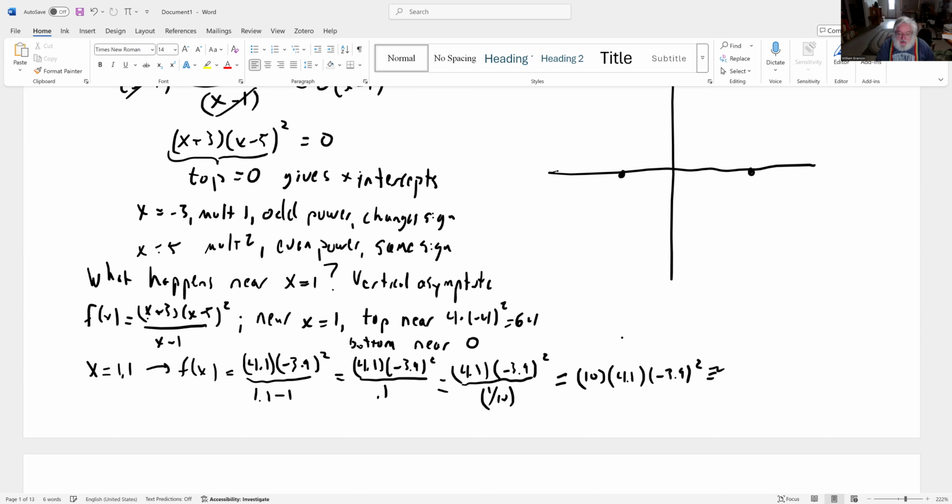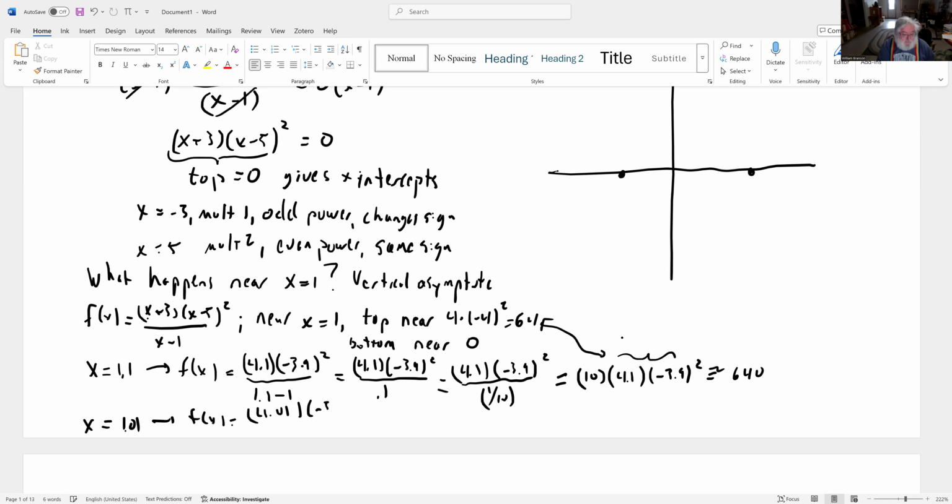And that's about 640. Because this part here is about 64. And then we're multiplying by the 10 that came from the denominator. So that's 640.